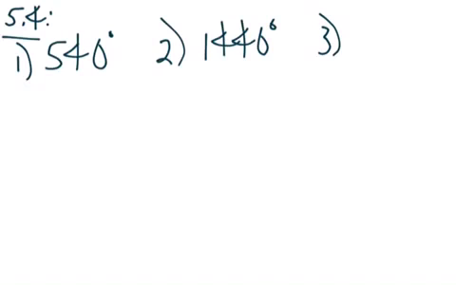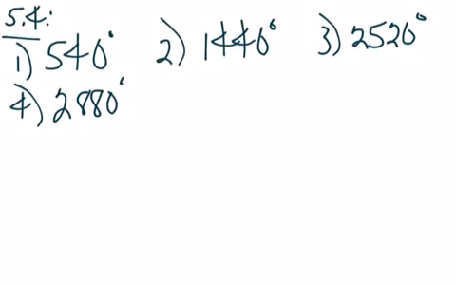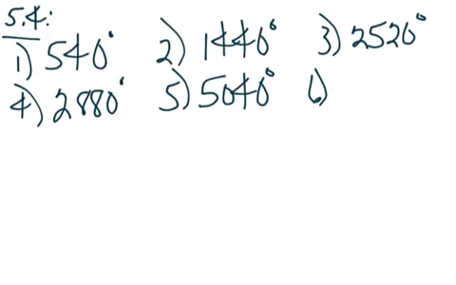Number 3 is 2,520. Number 4 is 2,880. Number 5 is 5,040. Number 6 is 5,760.